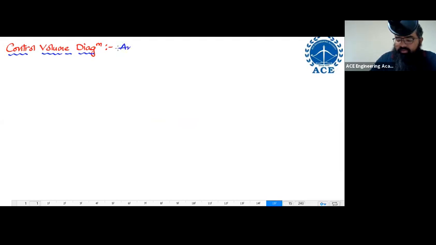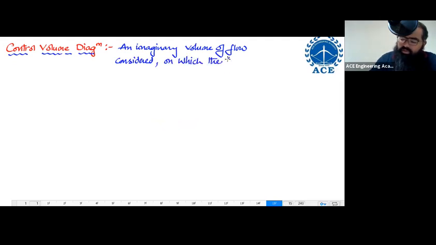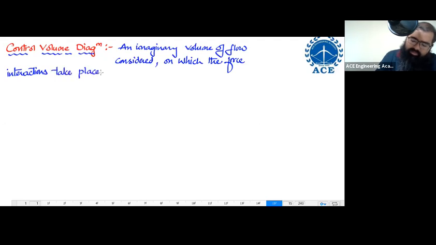First of all, it is an imaginary volume of flow considered on which the force interactions take place. It is an imaginary volume of flow considered on which the force interactions are taking place.